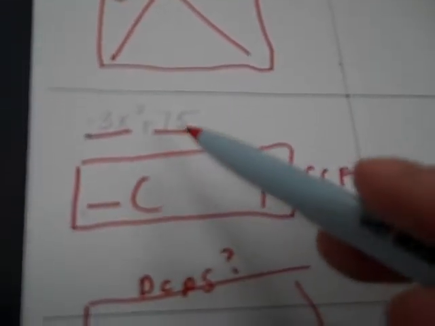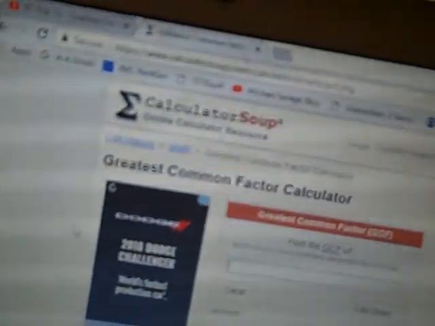So GCF, you got a negative in front, so you at least have that, and you don't have X on both. Now, 3 and 75. Punch those big things in, see what you can divide by. 3, booyah, okay.